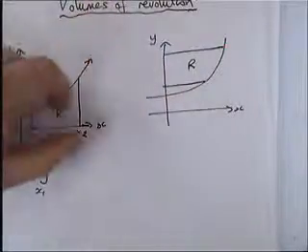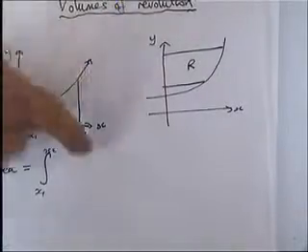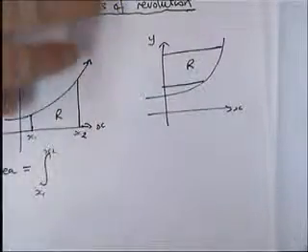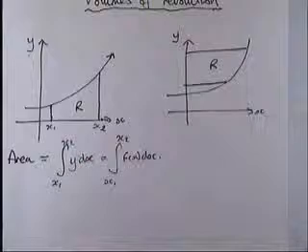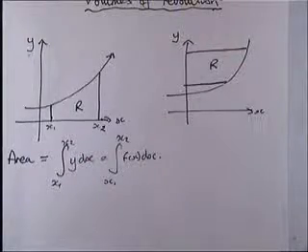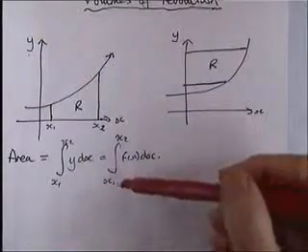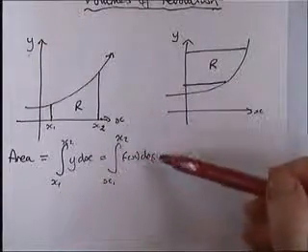That's what I want you to think. It's the area bound by the curve and the x-axis when we're integrating with respect to x. So it's going to be y dx, and another way of writing it would be the integral from x1 to x2 of the function of x.